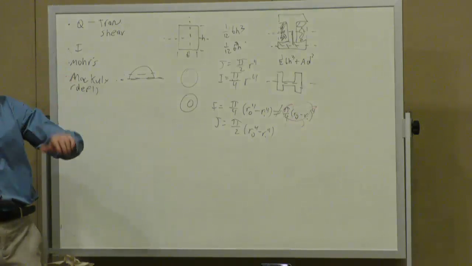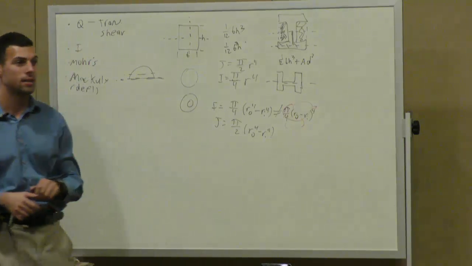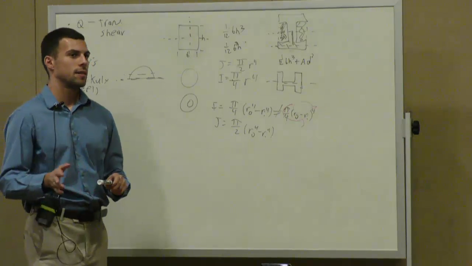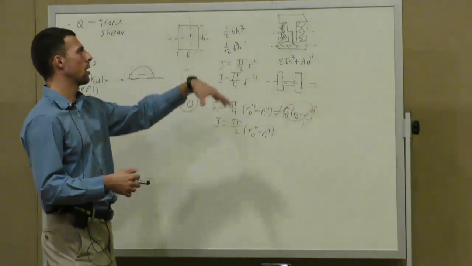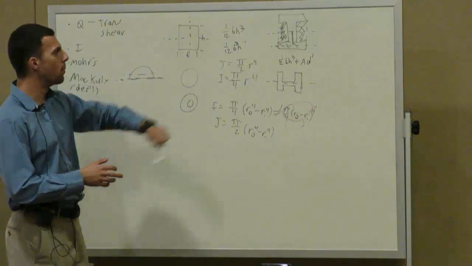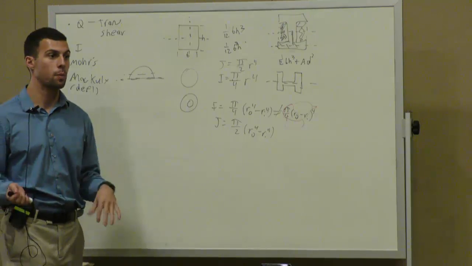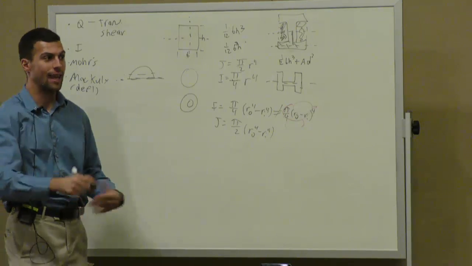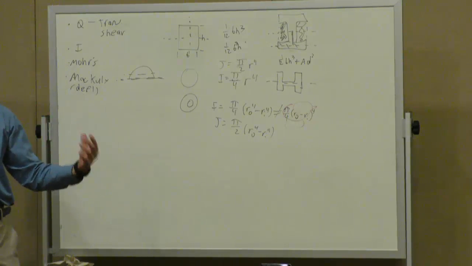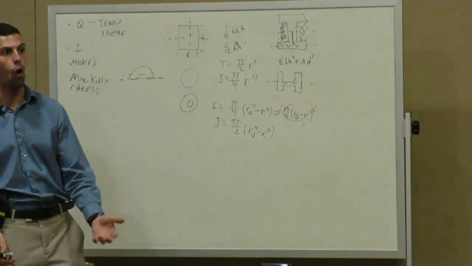So the overall lesson here is that moment of inertia, the I, is subject to the law of superposition, asterisk. That asterisk being you must do it about the overall neutral axis, which may or may not involve parallel axis theorem.